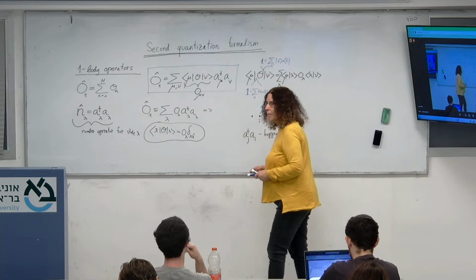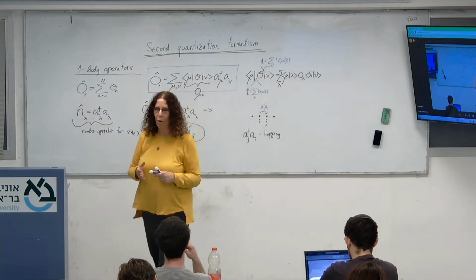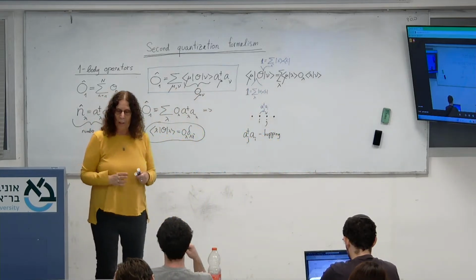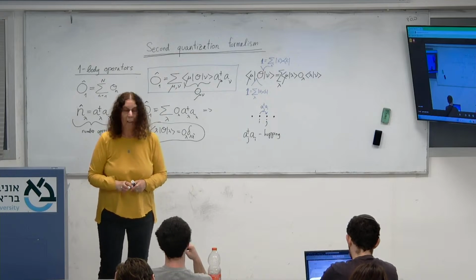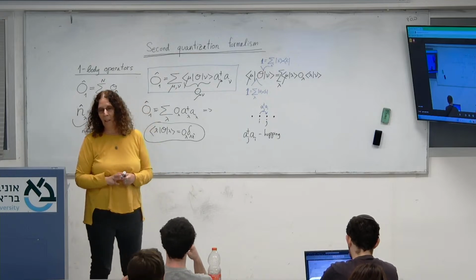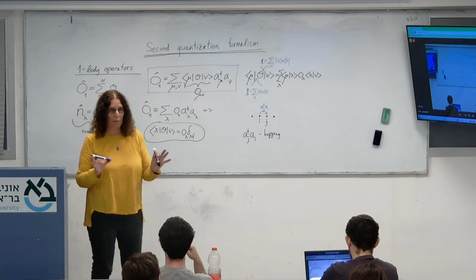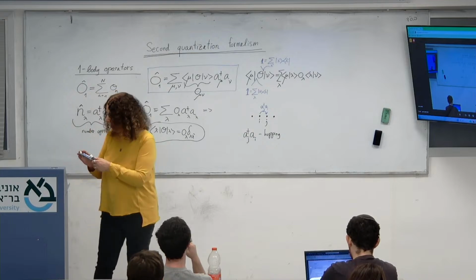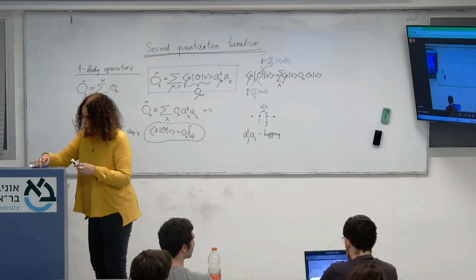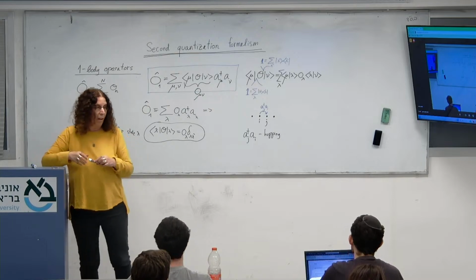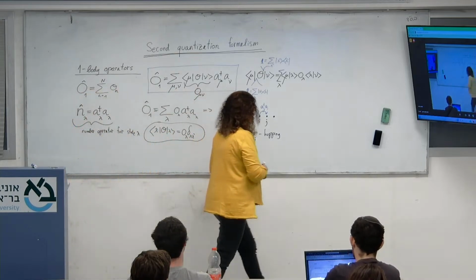Where did we see such a single particle Hamiltonian that takes into account such processes? You've all seen it in solid state physics. This is the tight binding model for periodic crystals, which I hope all of you know.